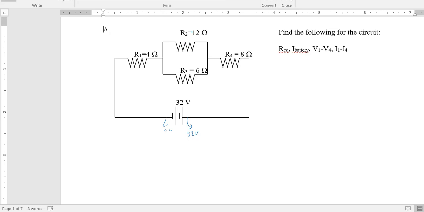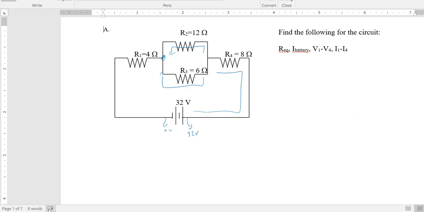That's an OR. If I am a charge and I come out of here, I'm going to split up, and I can go through R2 or R3, but then if I go through R2 or R3, I end up at the same spot there. So parallel is an OR, and if you go through one or the other and you end up at the same spot, then they're parallel.